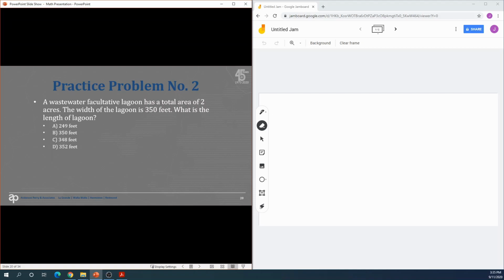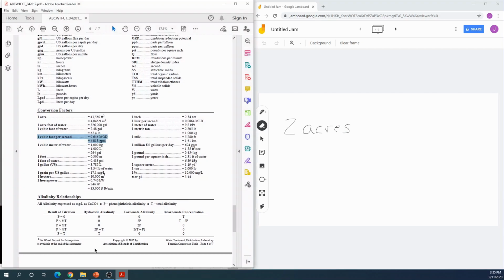So the first thing let's do is convert our acres into square feet. We have 2 acres. Let's jump back to our cheat sheet, and we know that 1 acre is equal to 43,560 square feet.